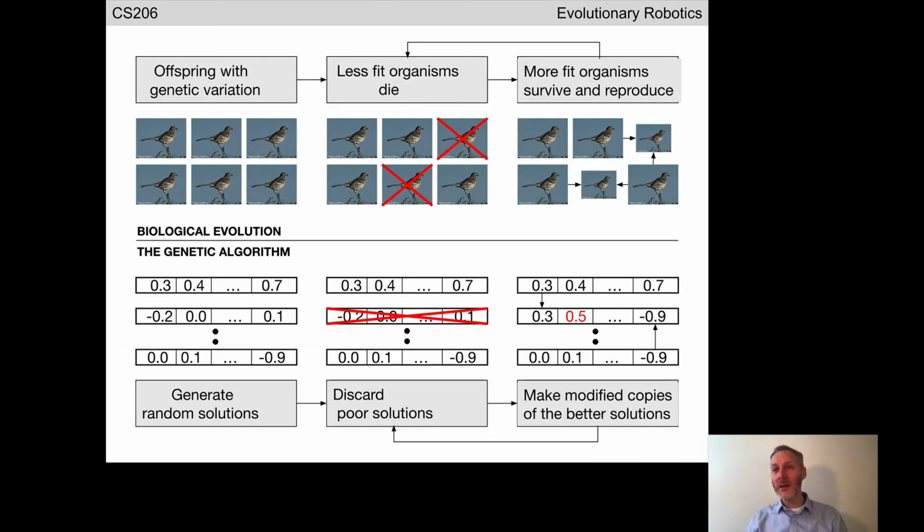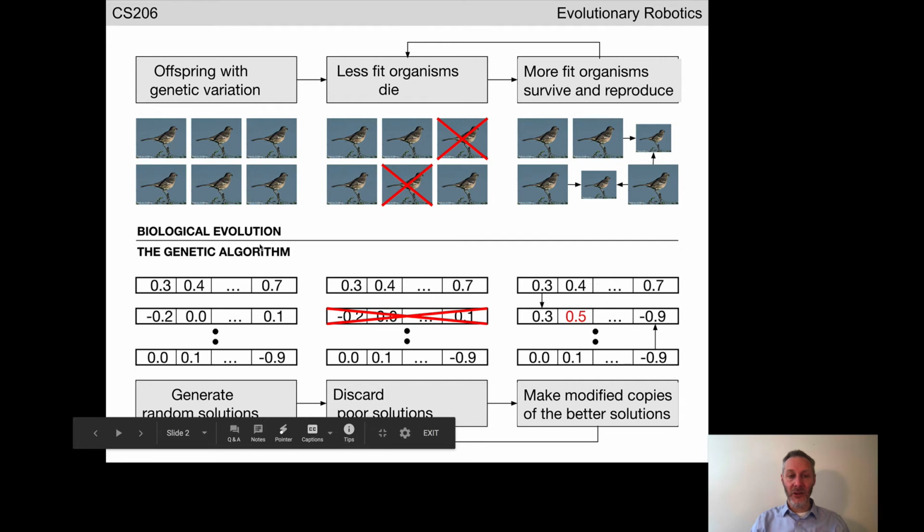So going all the way back to the 1950s, 60s, and into the 70s, computer scientists created what then was known as the genetic algorithm. And the genetic algorithm is now one kind of evolutionary algorithm. We're going to use evolutionary algorithm as our umbrella term for all the different kinds of evolutionary algorithms we're going to look at, of which the genetic algorithm is one.